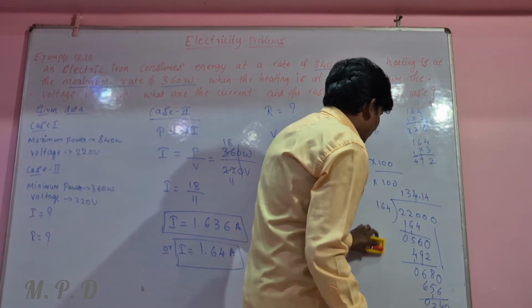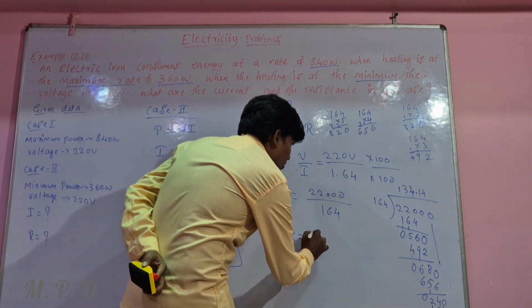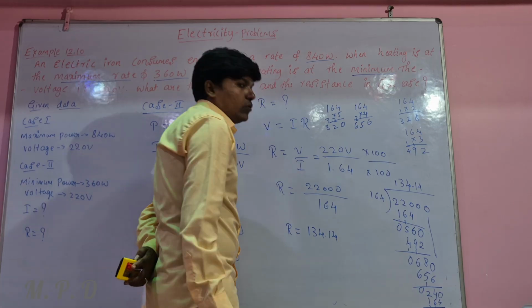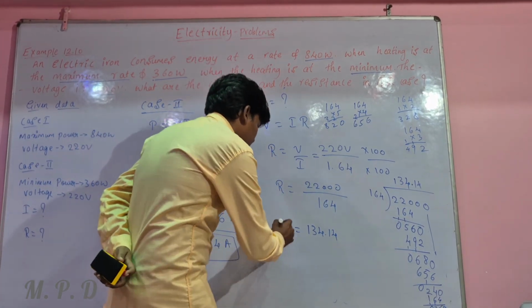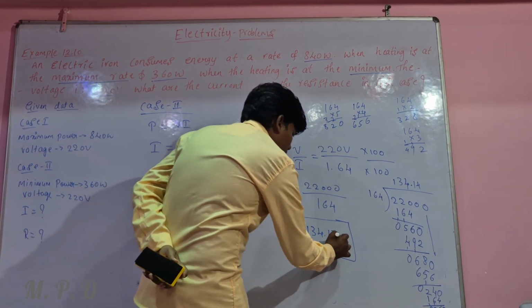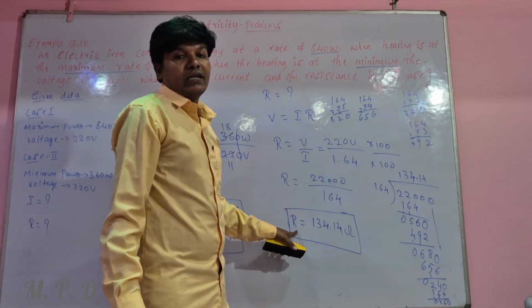Now we got the resistance. The resistance R is equal to 134.14, or we can also take the resistance as 134.14 ohm. This is the resistance in the second case.